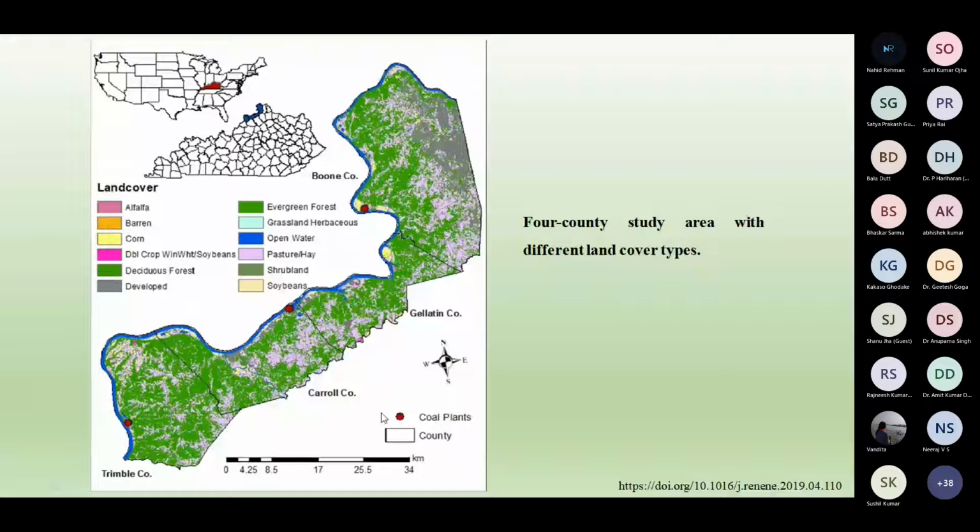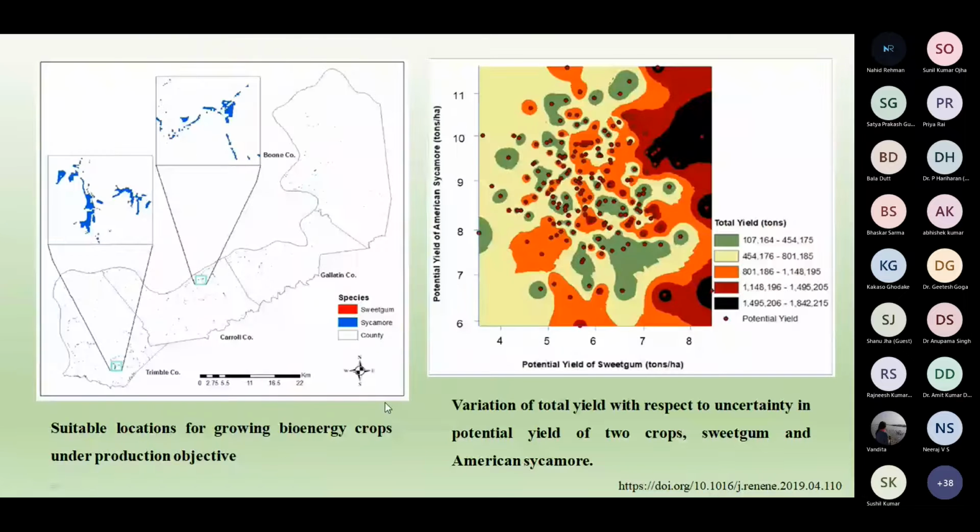So in these 4 locations, they have chosen to grow the bioenergy crops. And this plot is showing the variation of total yield with respect to the uncertainty in potential yield of the 2 crops, which are sweet gum and American sycamore.